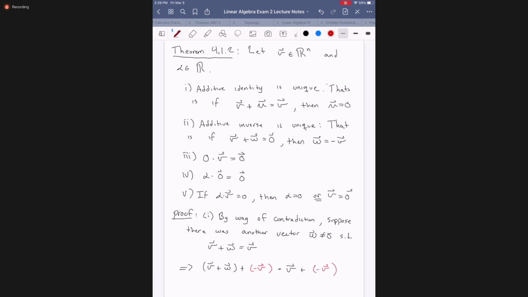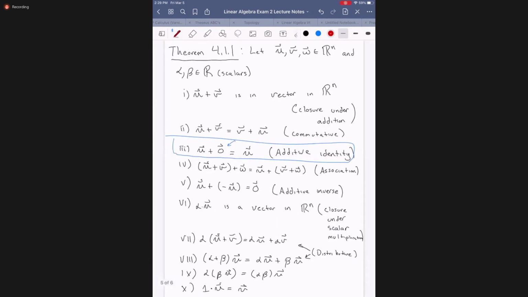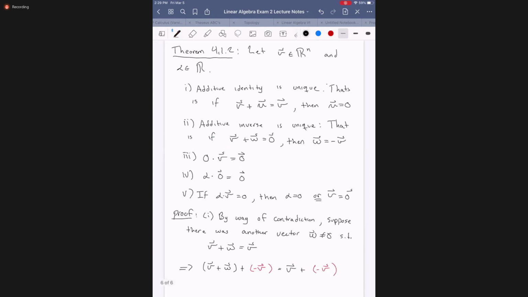Now let's use the fact that, if you go back to this theorem, vectors can commute and associate. So I'm going to move this V and W around.